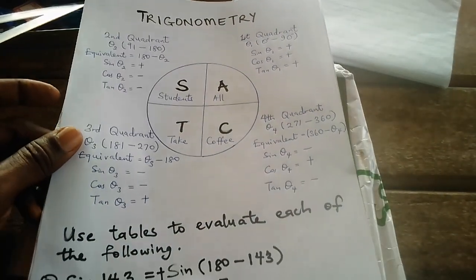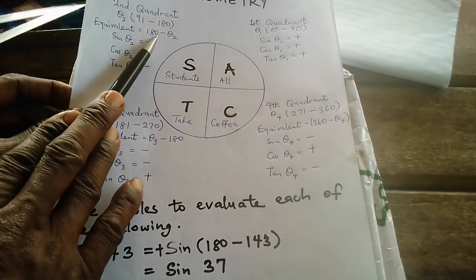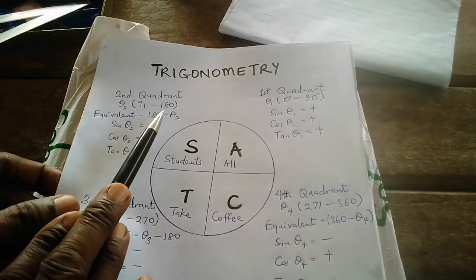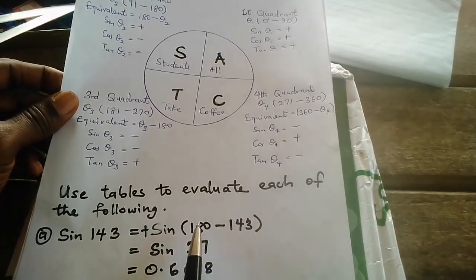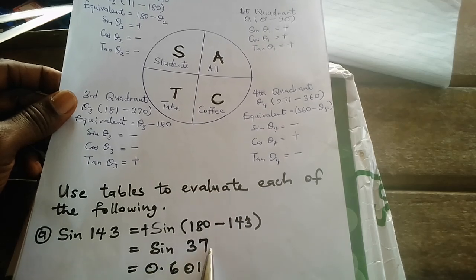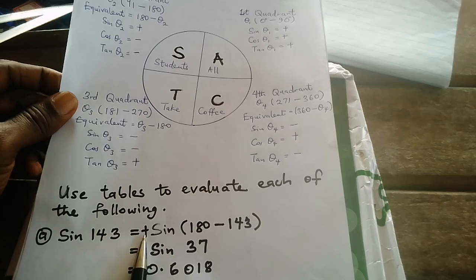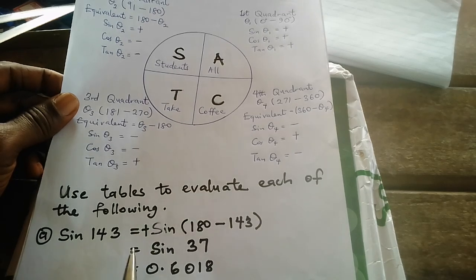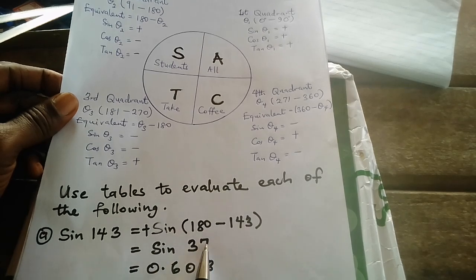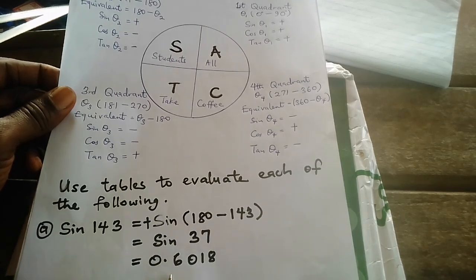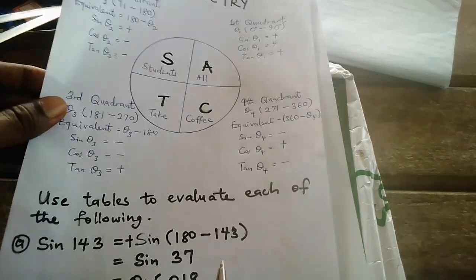Then we write the equivalent of this angle, which is 180 minus theta 2. So 180 minus 143 gives us 37. The value of sine 143 is positive, so we look for sine 37 in your four-figure table, which gives 0.6018. So your answer is plus 0.6018.